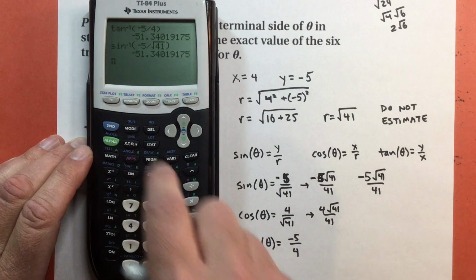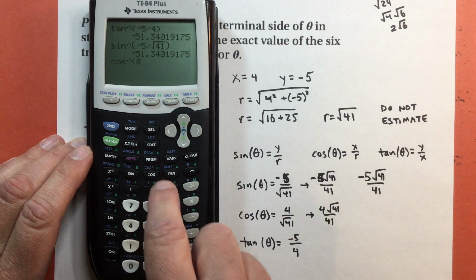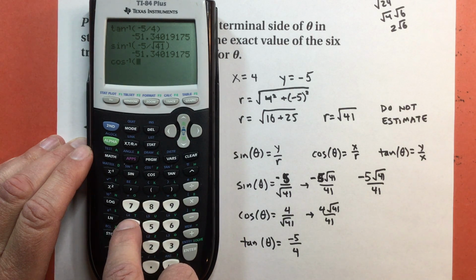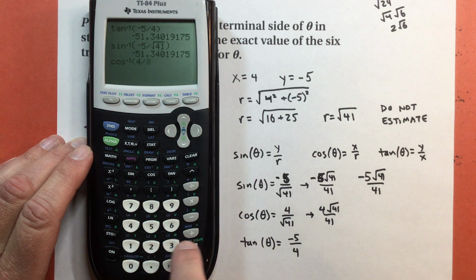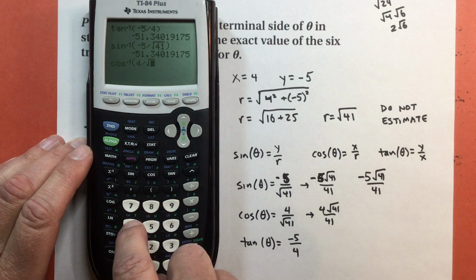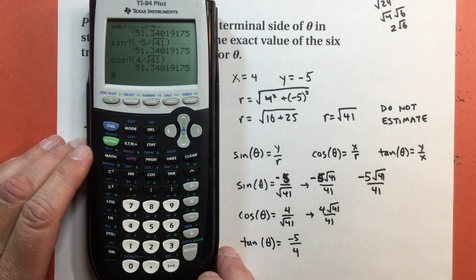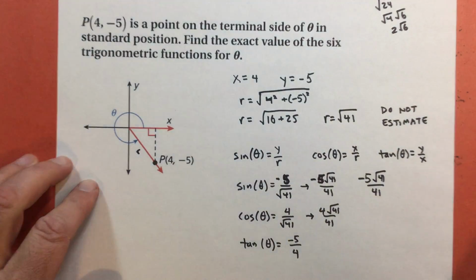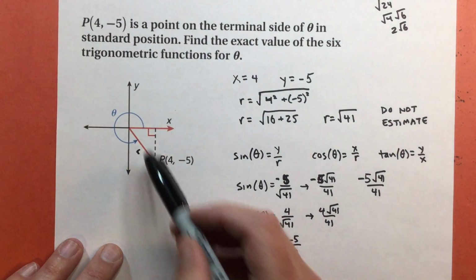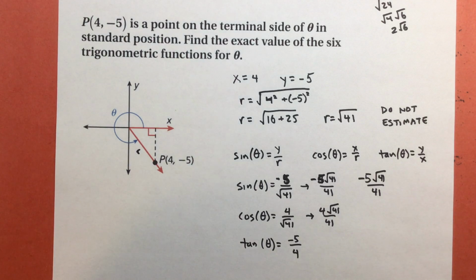And if I do inverse cosine of 4 divided by square root of 41, that one gave me 51 degrees. Something's up about that. We're going to explain that later in a different section. But it looks like this is going to represent negative 51 degrees. We'll see you in the next video.